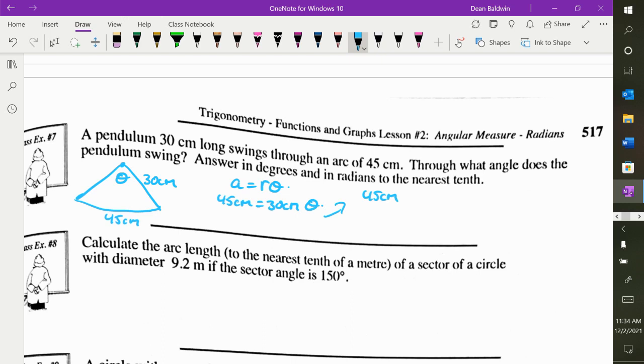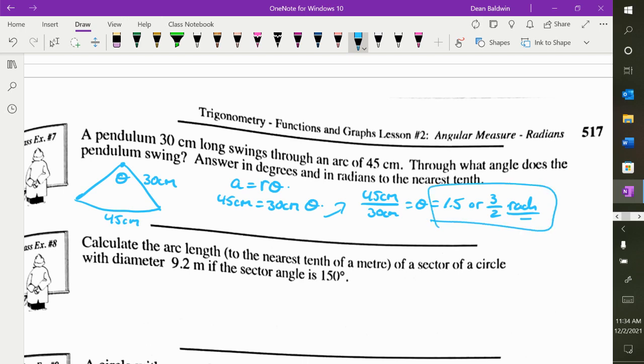So 45 centimeters divided by 30 centimeters is equal to theta, which is 1.5 or 3 over 2. I love the fraction. Do I have to put units for radians? No. If you want to, you can write rads, but you don't have to put any units.